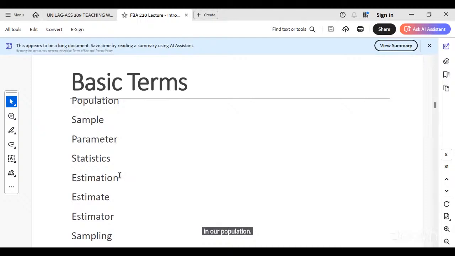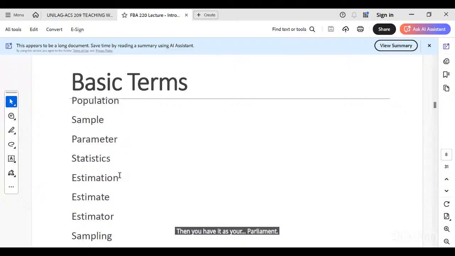So that function, that value that you have computed represents every member, every unit of that population. So it's a parameter. You could have population mean, population variance, population standard deviation, and so on. As long as all the units in the population are used in the computation, then you have it as your parameter.